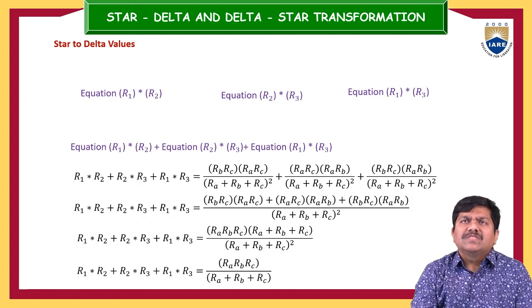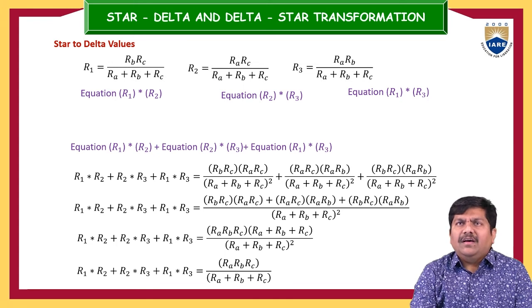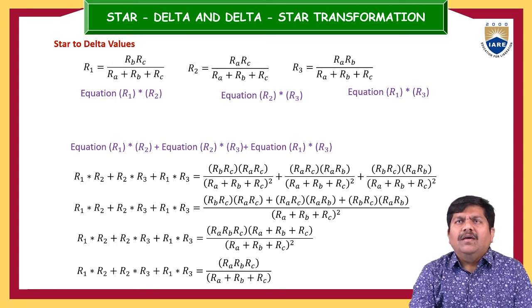Vice versa, if you could see equation 1 and equation 2, or if you are directly taking the product of R1 and R2 values, then R1, R2, R3 we have already calculated from the previous analysis.